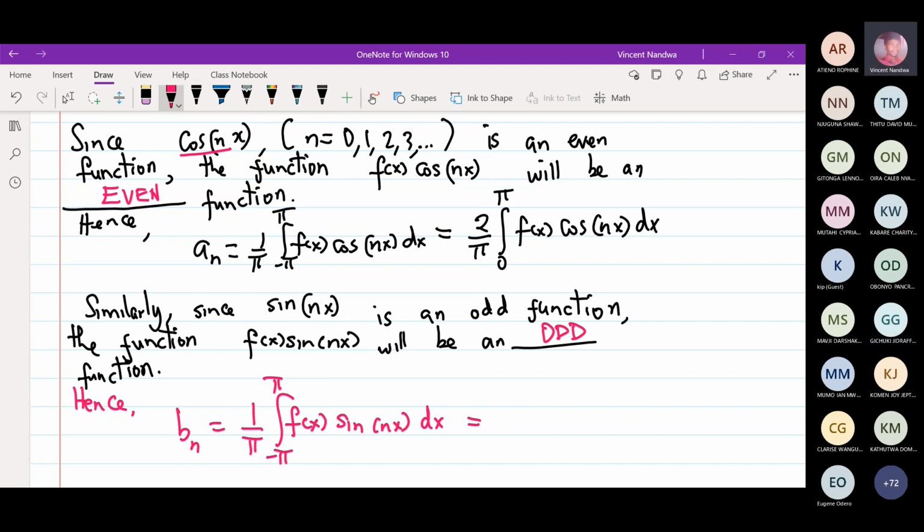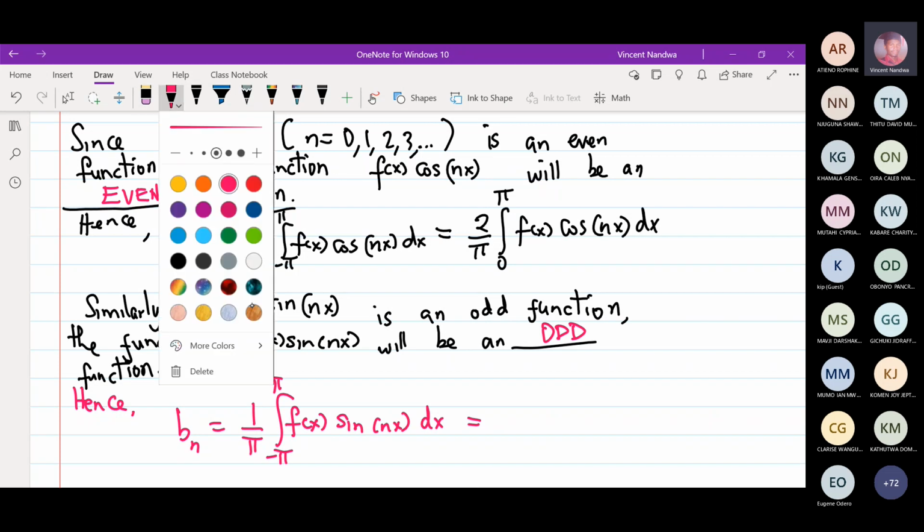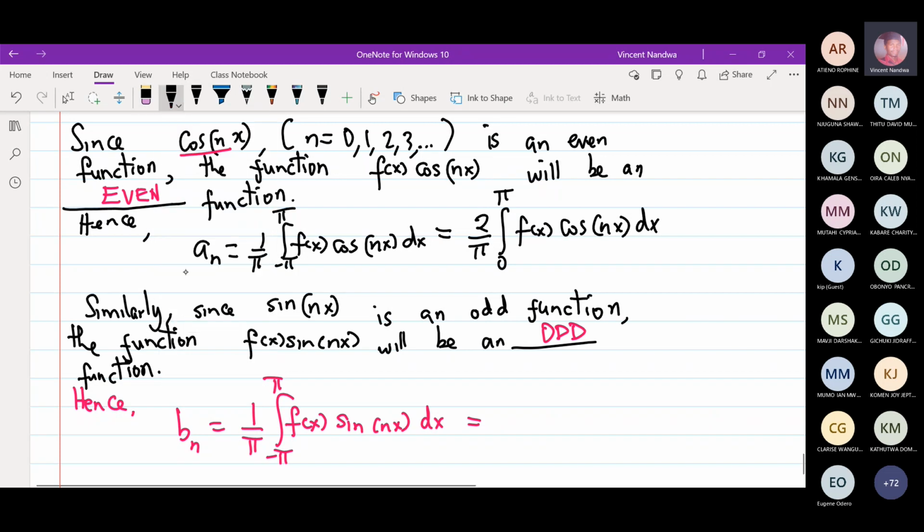Correct. This will be 0 because we know that whenever we integrate an odd function from minus alpha to alpha, remember this function here is odd, and whenever we are dealing with an odd function, and the limits of integration are from minus alpha to alpha, we get 0. So this value will give us 0.